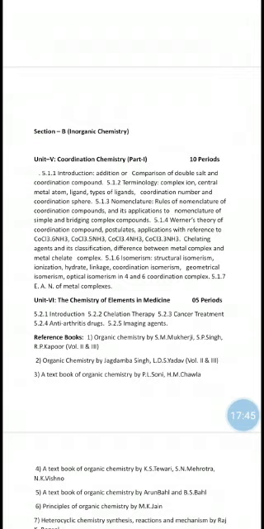For this semester there is just introductory coordination chemistry, which includes some of the terms to be used in coordination chemistry, and after that the nomenclature of coordination compounds, Werner's theory of coordination compounds, and then isomerism in coordination compounds.